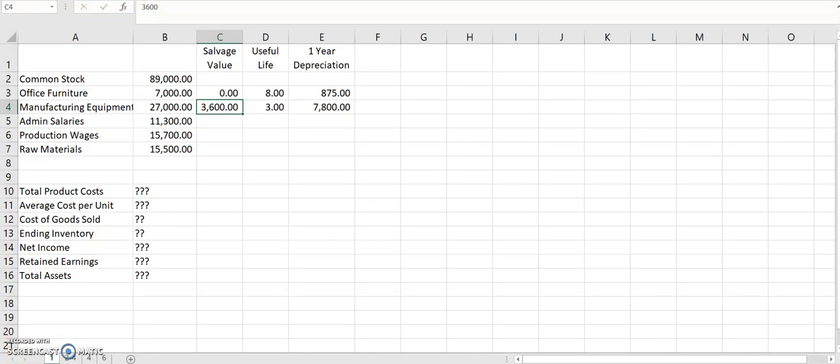Okay. The company paid some administrative salaries, $11,300, production wages $15,700. Also purchased raw materials, $15,500.